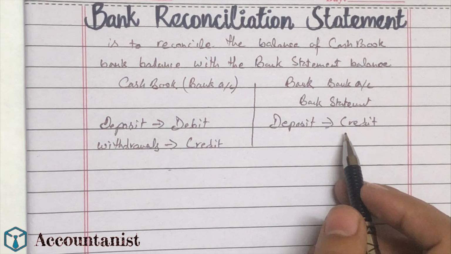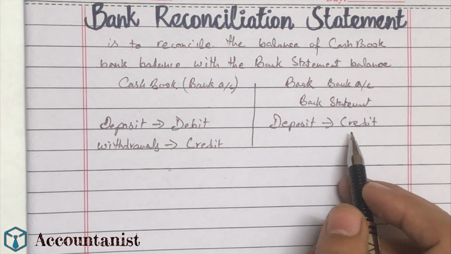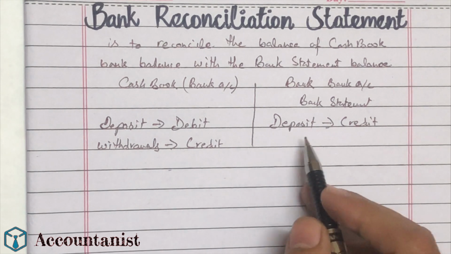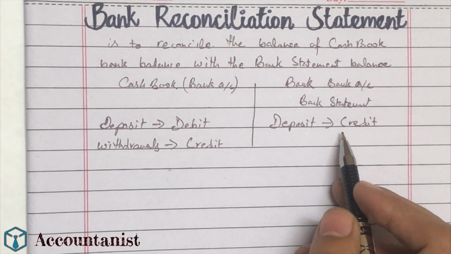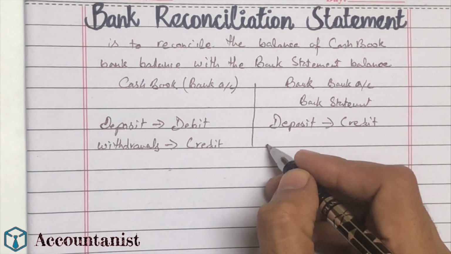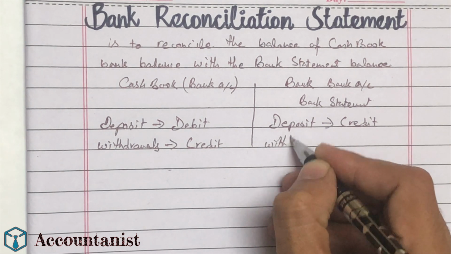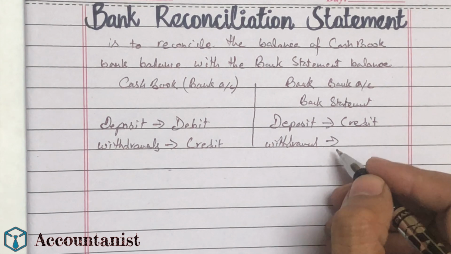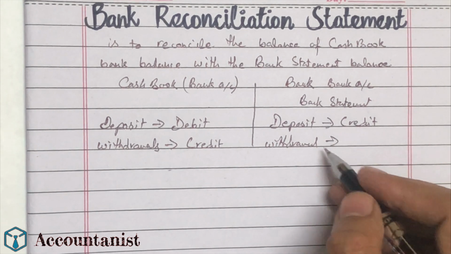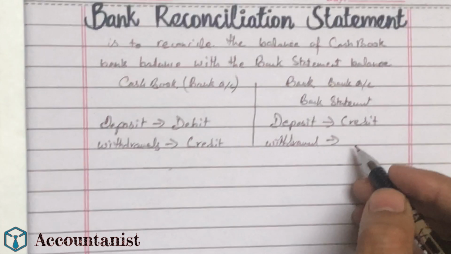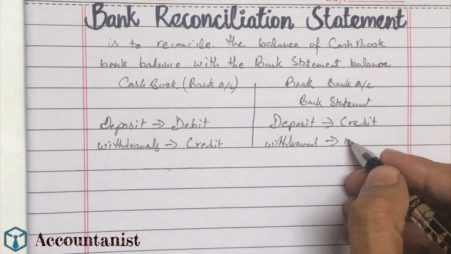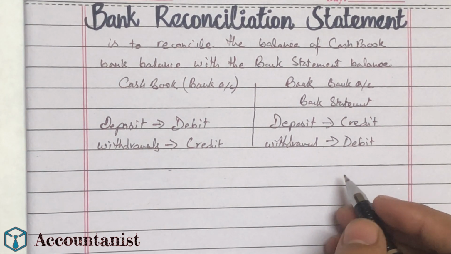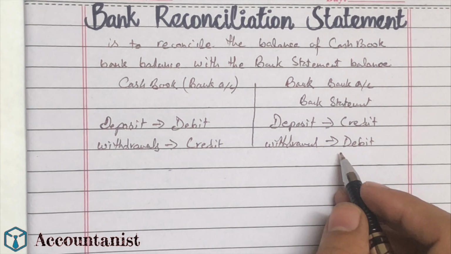Once we deposit money, that liability goes up, meaning the bank has to pay us more. That's why they are crediting. And if there is any withdrawal, meaning we took or paid some money from our bank account, the bank debits, because their liability is decreasing.